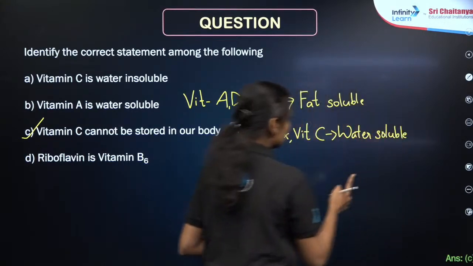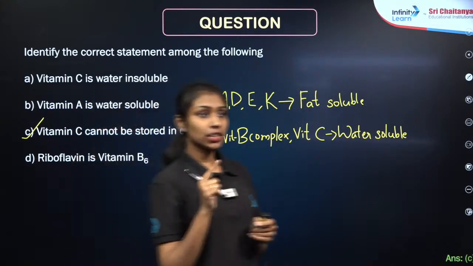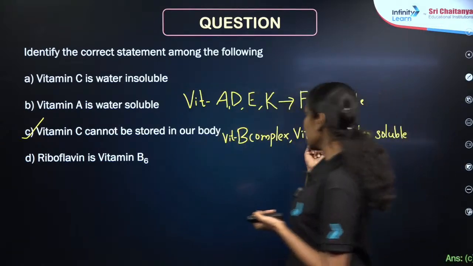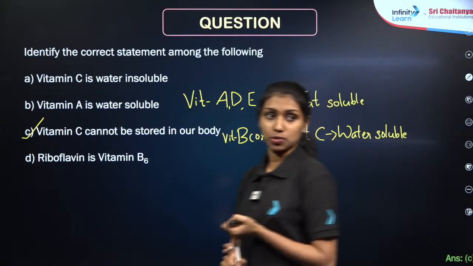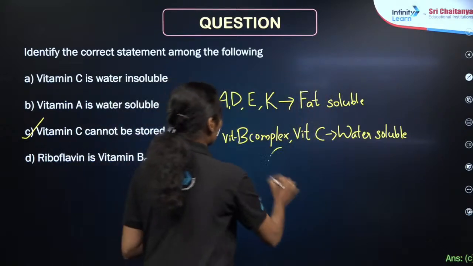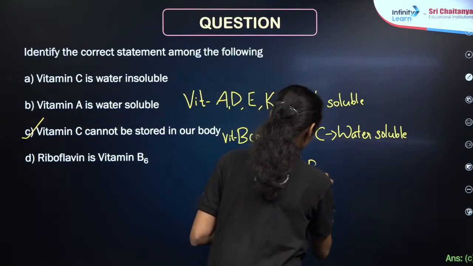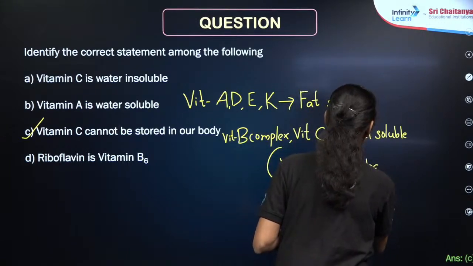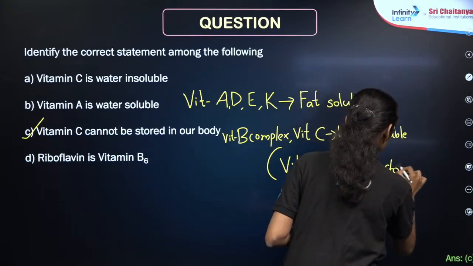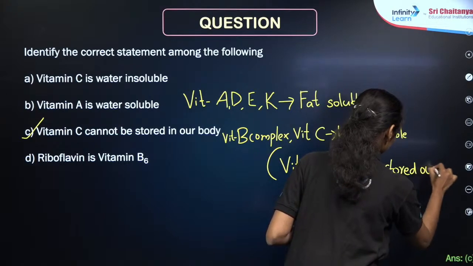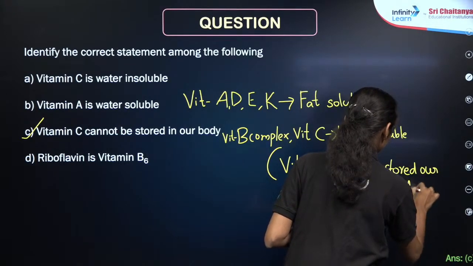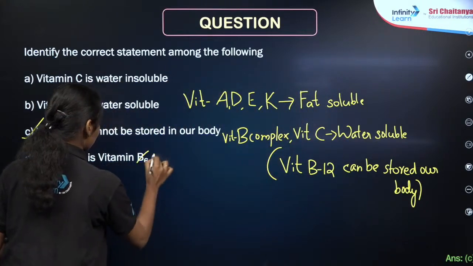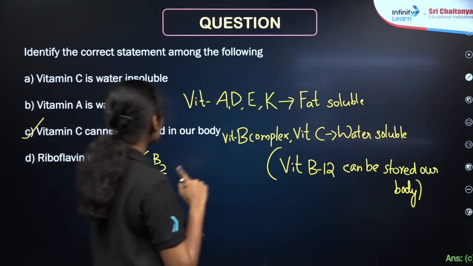Because of their water solubility, they can be easily excreted through the urine. So we cannot store vitamin B complex and C in our body except vitamin B12. There is an exception, vitamin B12, right? We have already seen that vitamin B12 can be stored in our body even though it is a water soluble vitamin. Then riboflavin is vitamin B2. So here option C will be the correct statement.